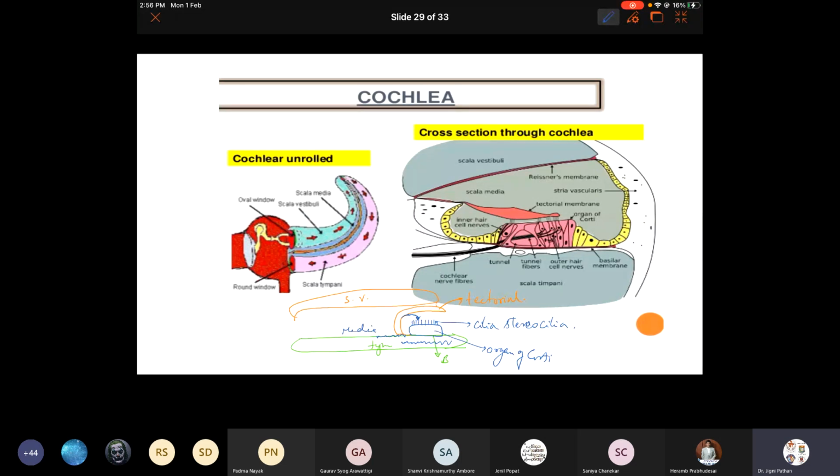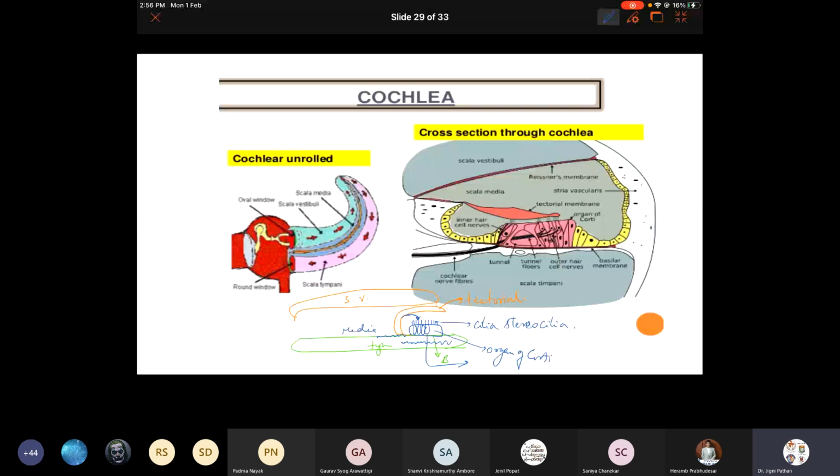This happens because of the sound waves. So when these two touch, hearing occurs. The sensory cells of this cochlea connect to the auditory nerve and take this information to the brain. Are you getting the point?